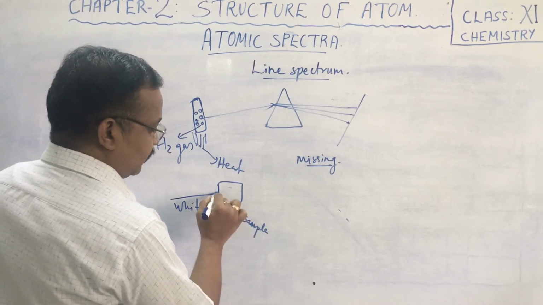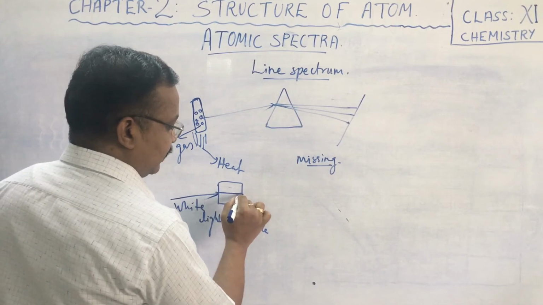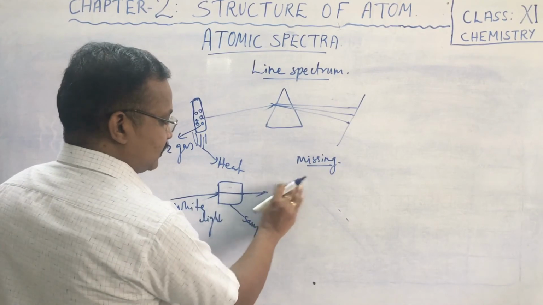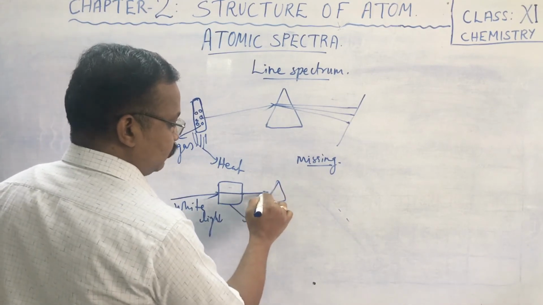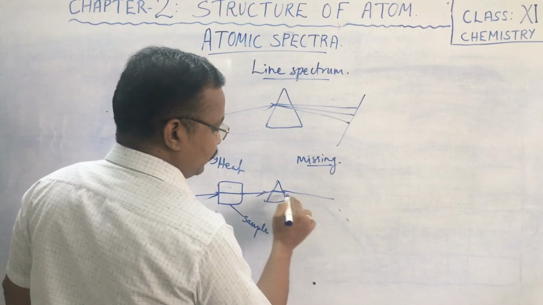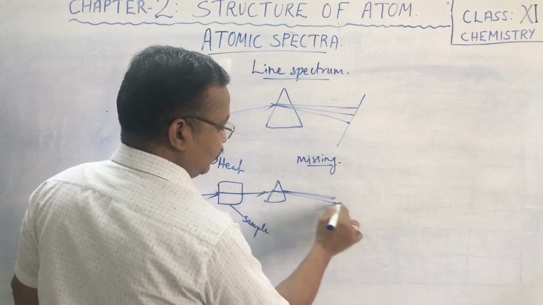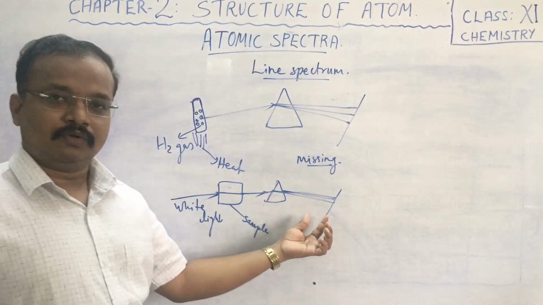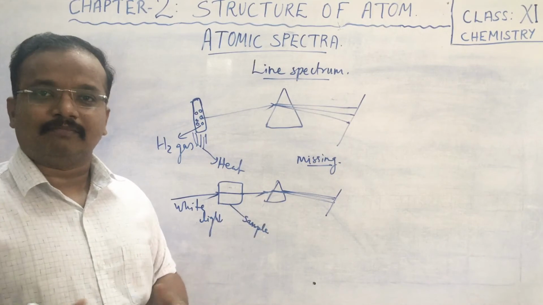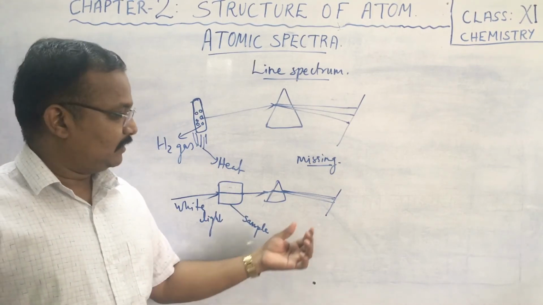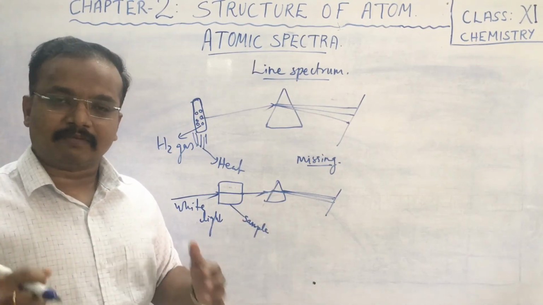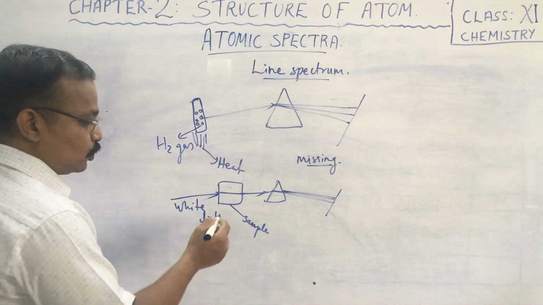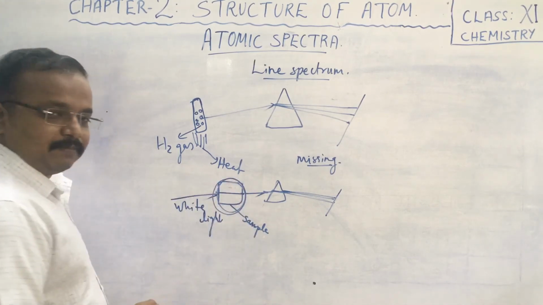After passing through this sample, if that emerging light is allowed to pass through a prism, they will also produce a particular kind of spectrum, which will also be lacking some particular wavelengths. Those wavelengths are missing due to the absorption of the sample which is present in it.